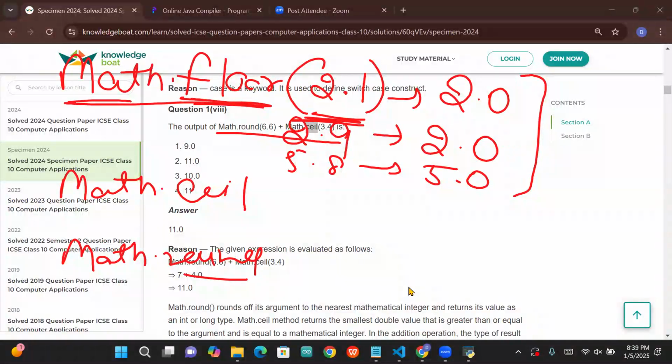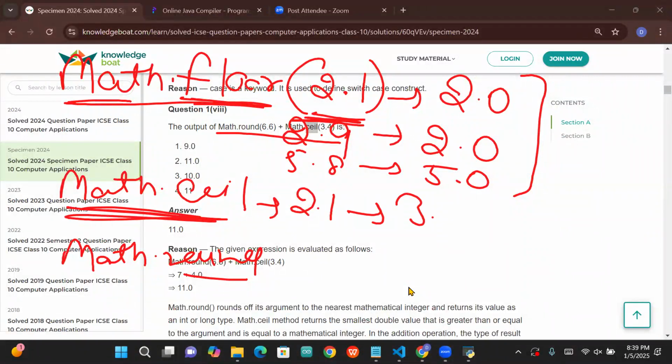Math.floor, Math.ceil. Ceiling is on top, so ceiling gives you the higher value. If you convert 2.1, it converts into 3.0.